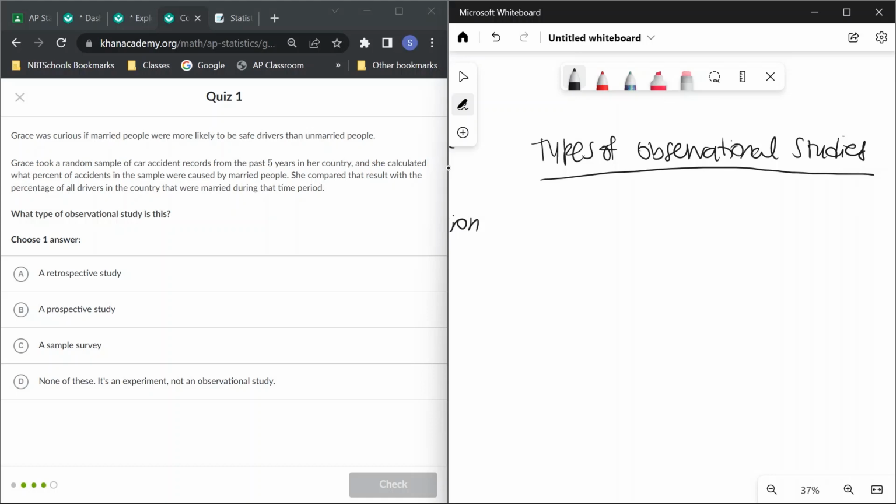It's definitely not an experiment. Oh, maybe it is an experiment, because she said she calculated what percent of accidents in the sample. No, it's not an experiment.